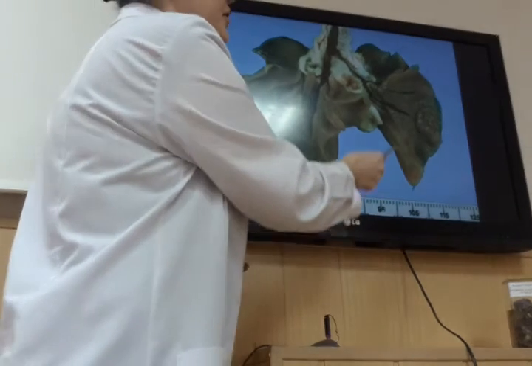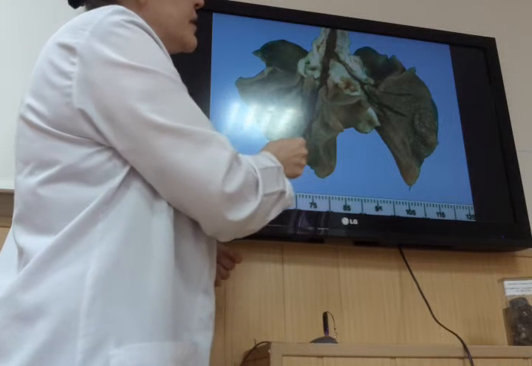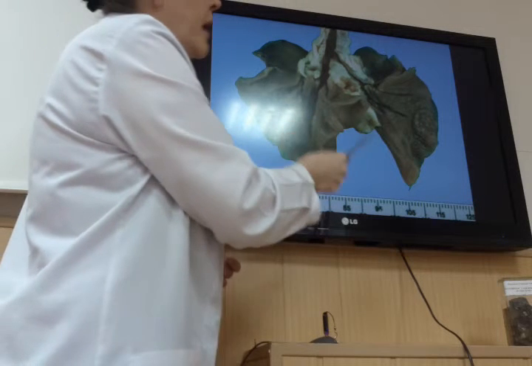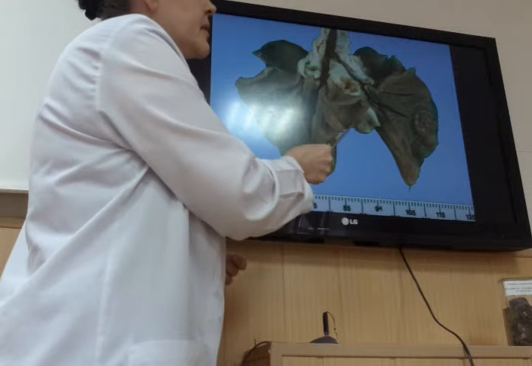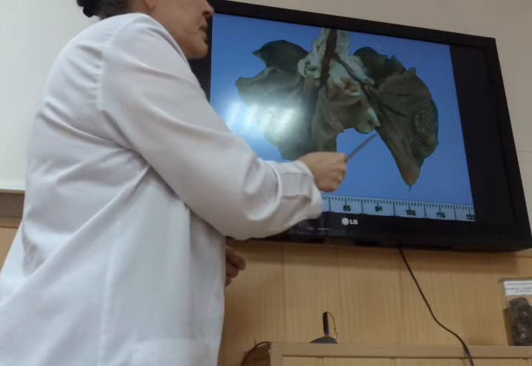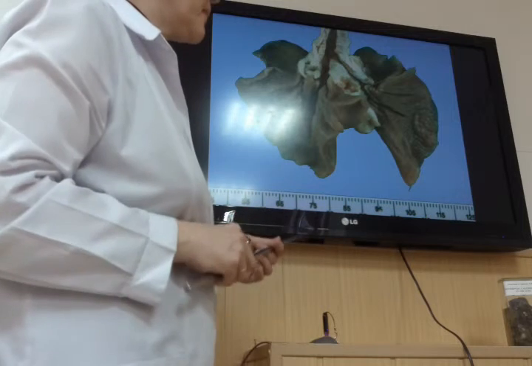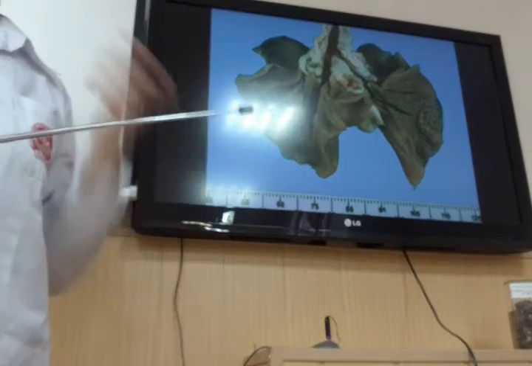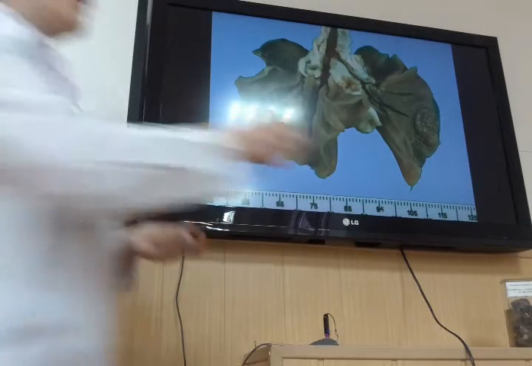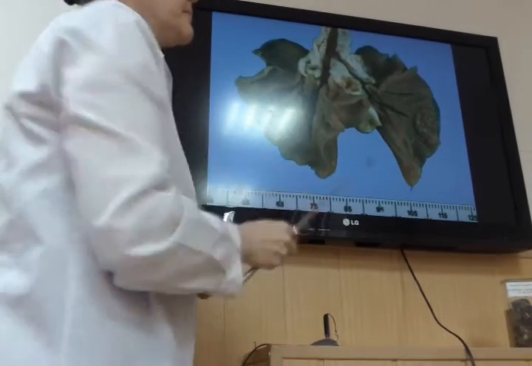Subpleural localization of the primary affect, affected regional lymph nodes, and in between them, along lymph vessels, there are small foci of tuberculous productive inflammation. So, the primary tuberculosis complex consists of three components: affect, lymphangitis, and lymphadenitis.